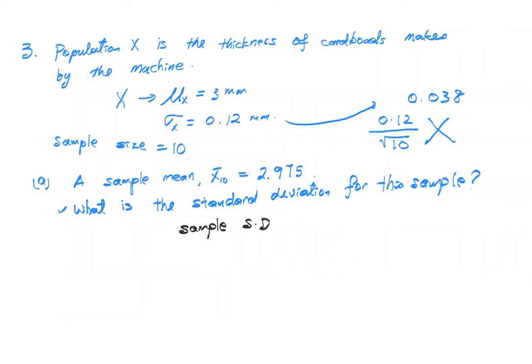You have to key into your calculator, one var stat, you look for this. This is called the sample standard deviation. What is the standard deviation for this sample? I'm not talking about the standard deviation of the sample mean. You cannot use this formula. You key the data into the editor, then after that you go one var stat, then you look for this.